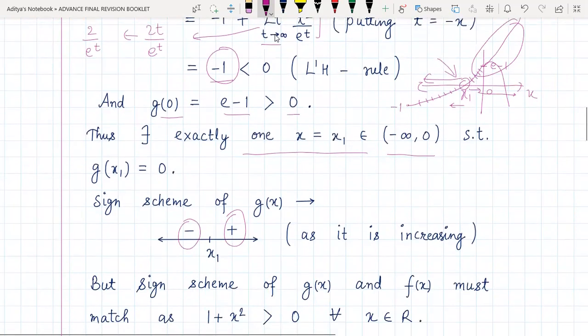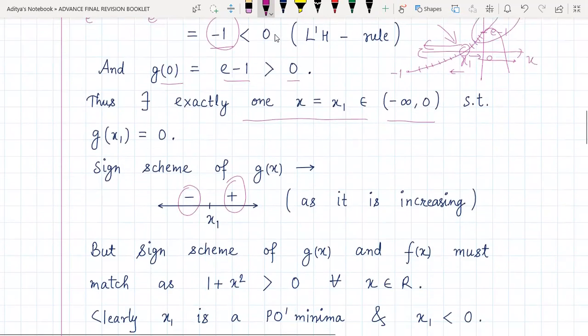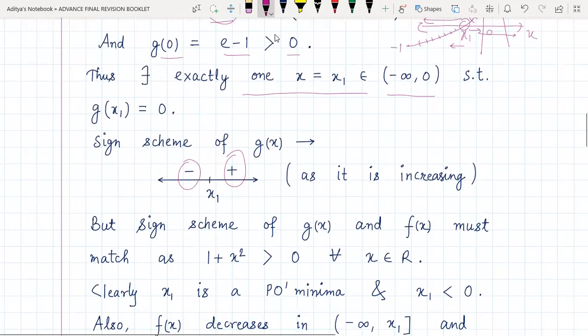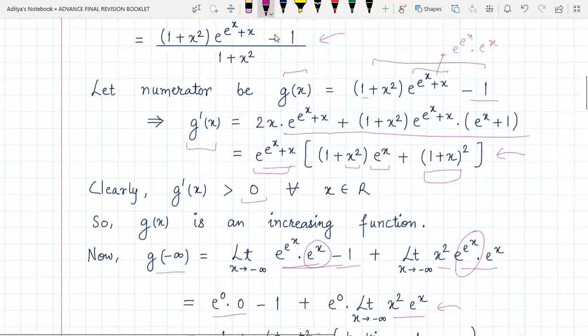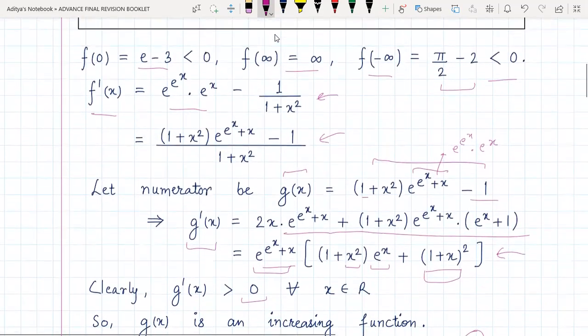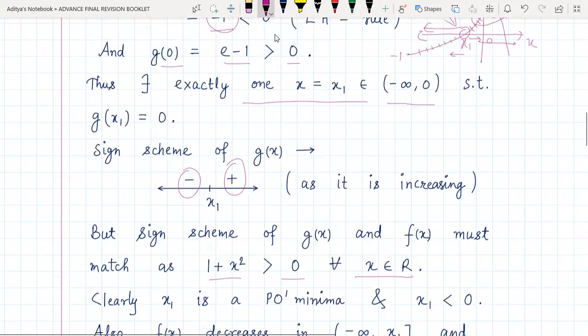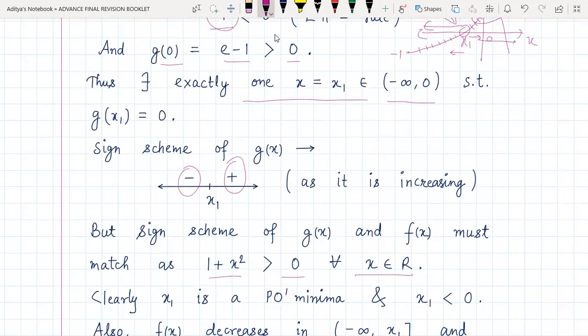So that's kind of what we are trying to say here. Now, the sign scheme of g of x and f prime x must be the same. They must match exactly, because 1 plus x square is anyway greater than 0 for any real number x. Let me correct this: we are trying to talk about f prime x.